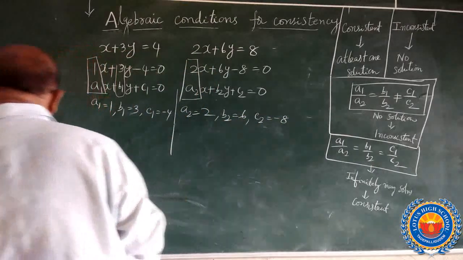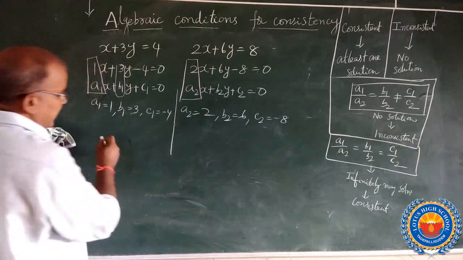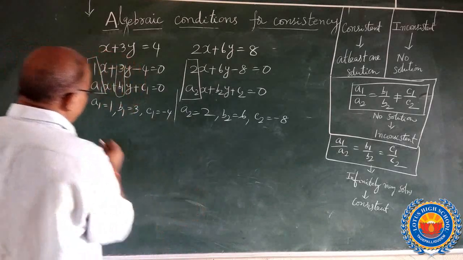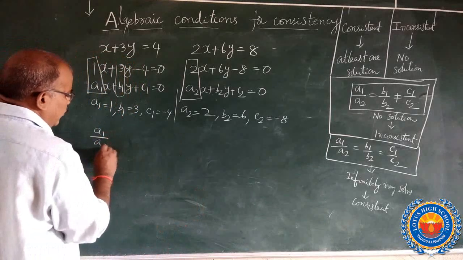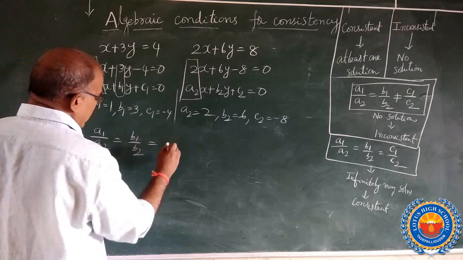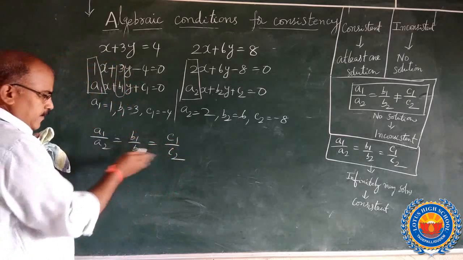Once again the same condition. You take a1 by a2, b1 by b2, c1 by c2. Either equal or not equal you get.